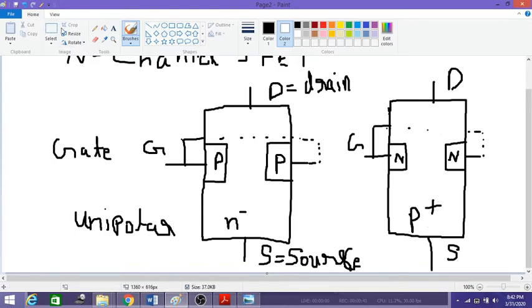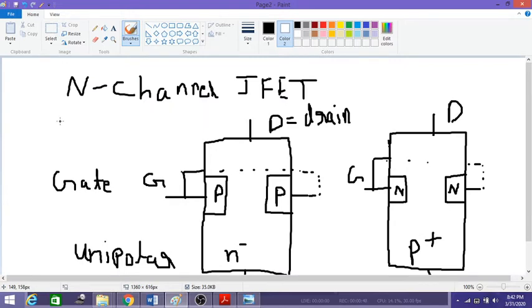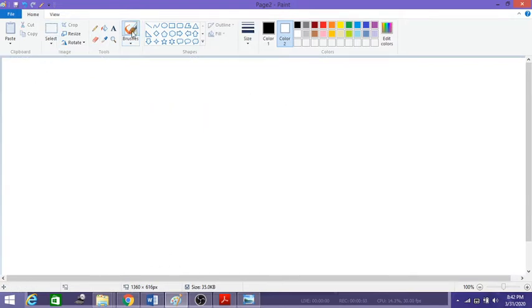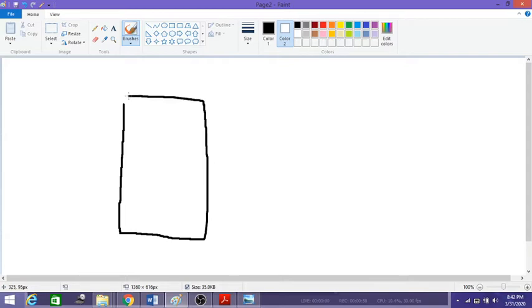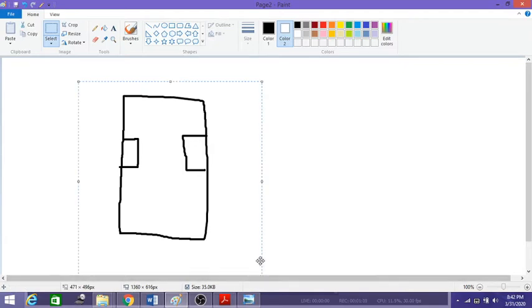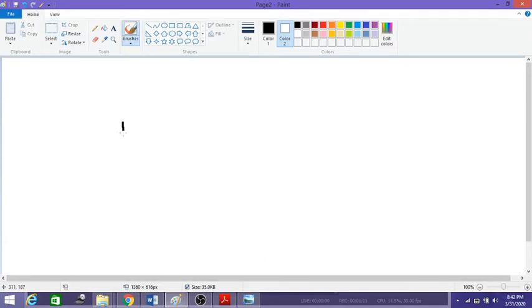So let me clear this and go to a new page. Today we will discuss the working of the JFET. I'll take an example of an N-channel JFET.